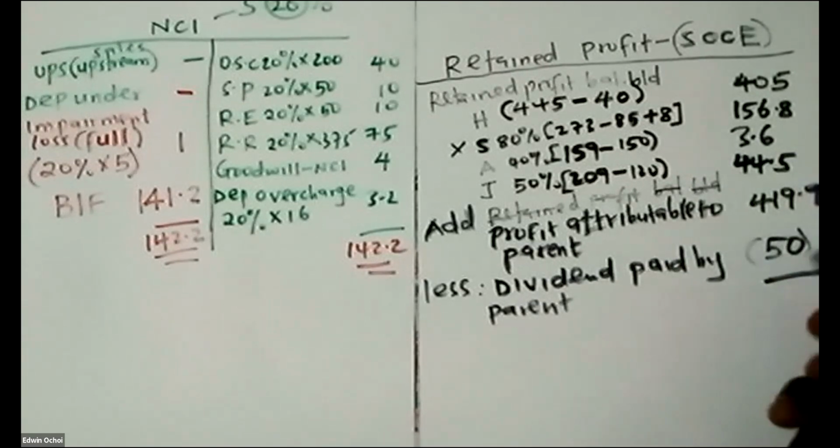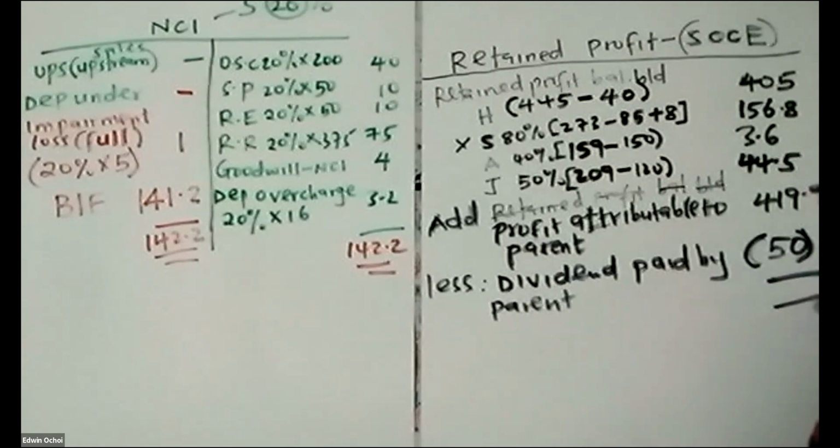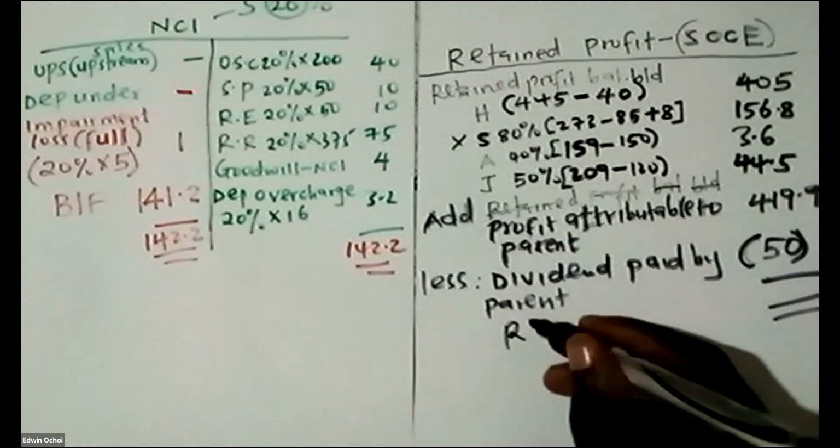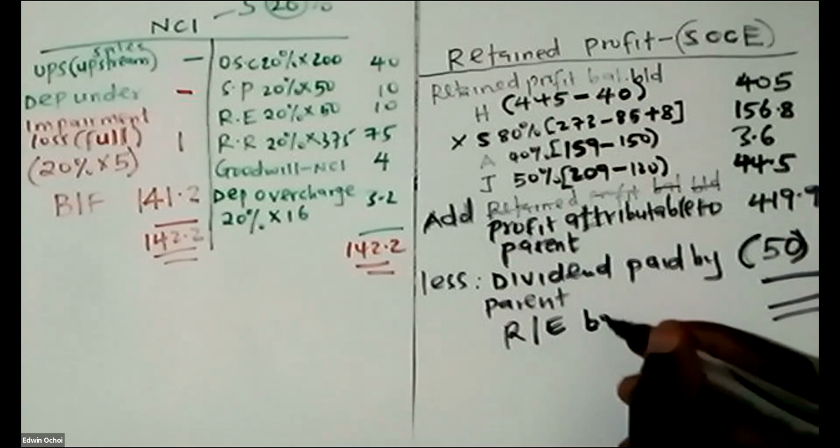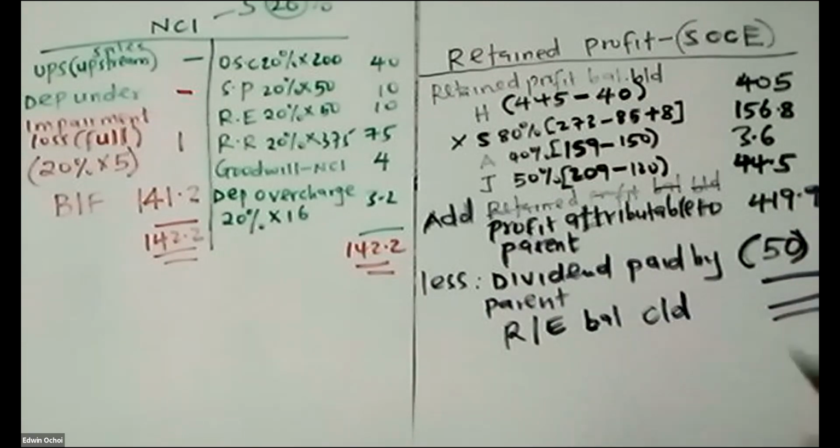So remember, this is subtracted. What is the retained earnings balance carried down? We take 405 plus 156.8 plus 3.6 plus 44.5 plus 419.9.